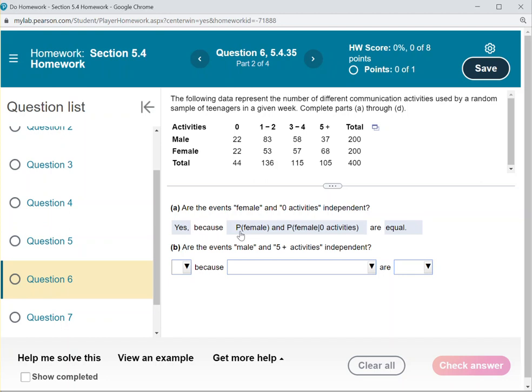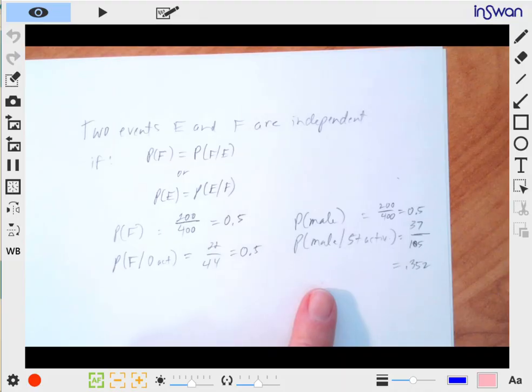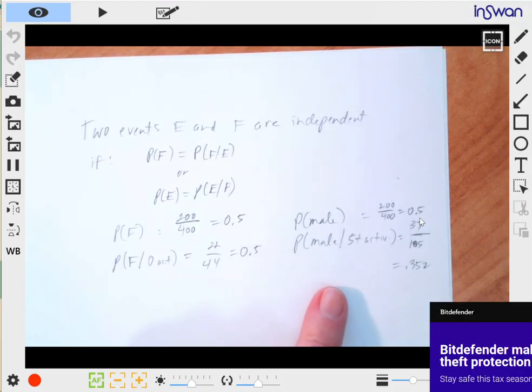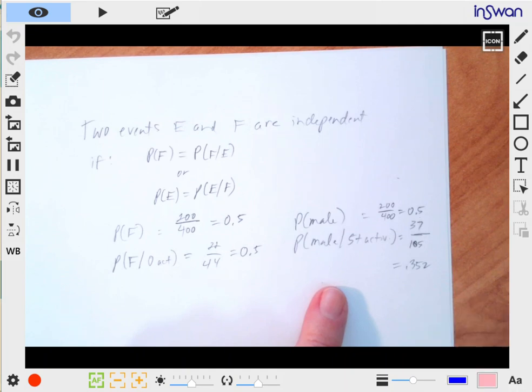So let me switch back. The probability of being male is 50% basically, or 0.5. The probability of being male given that we're limiting ourselves to 5+ activities is 37 out of 105, or 0.352, so they're not equal.